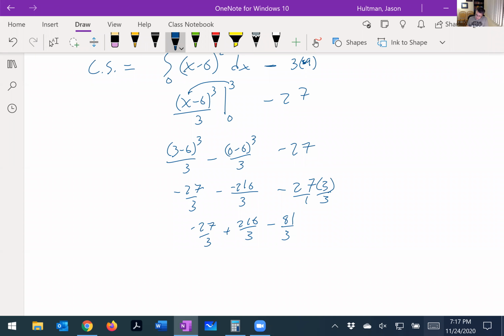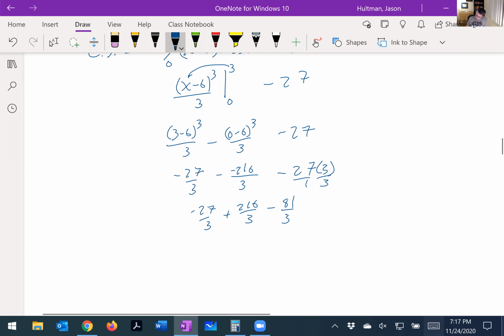So what does all this become? This is going to become 216 minus 27 minus 81, which is 108, I think. Yeah, 108. So that's 108 over 3, which is $36.